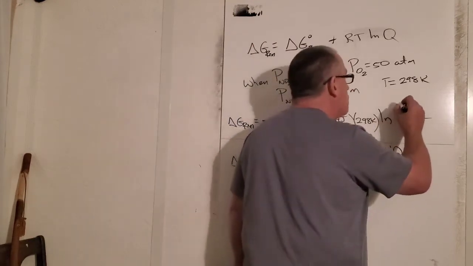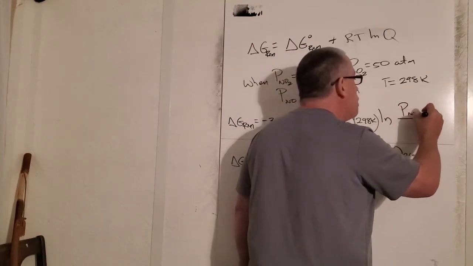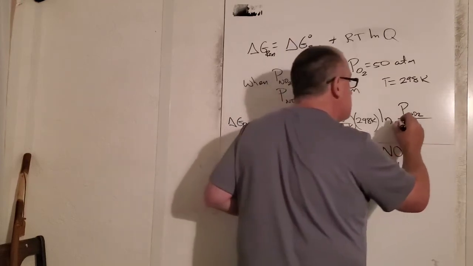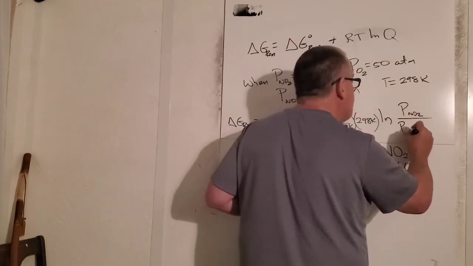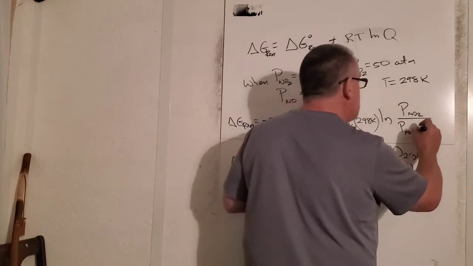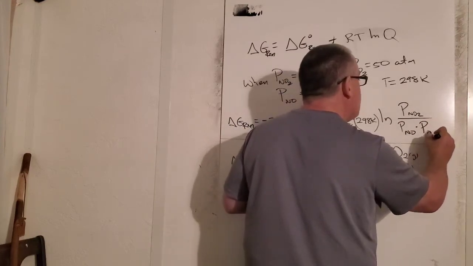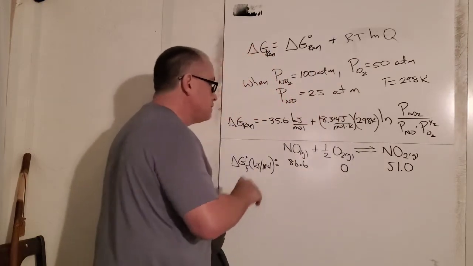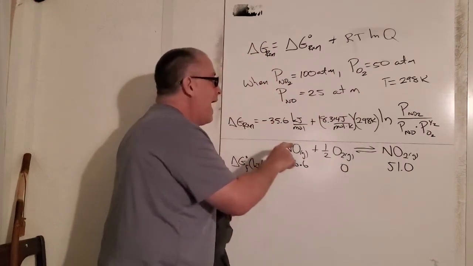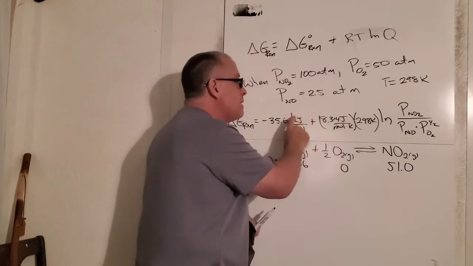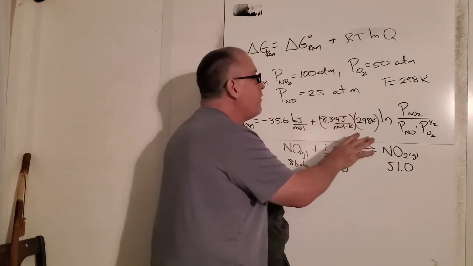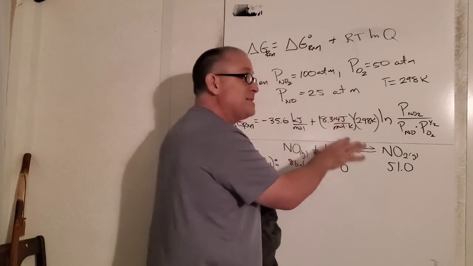So it's going to be the partial pressure of the NO2 to the 1 power times the partial pressure of the NO to the 1 power times the partial pressure of the O2 to the 1/2 power. And then notice this is kilojoules, and that is in joules. If I'm not careful, I'll mess up my units.